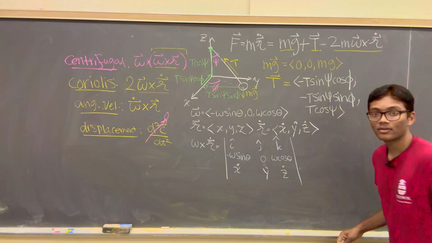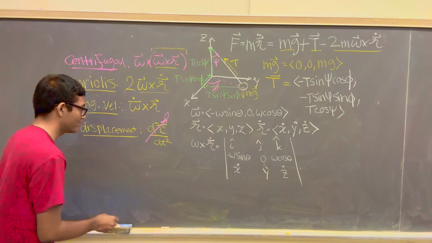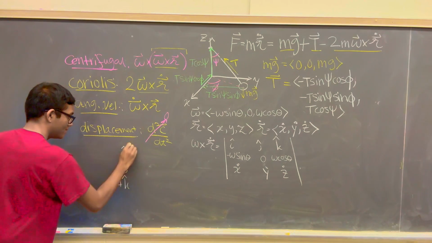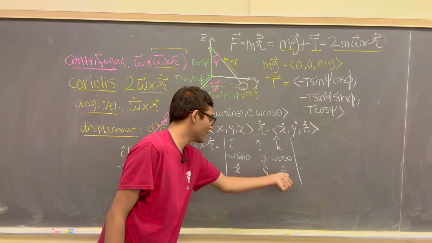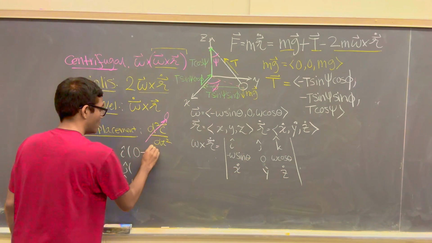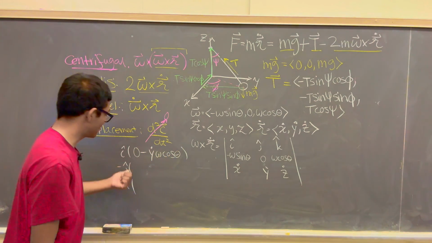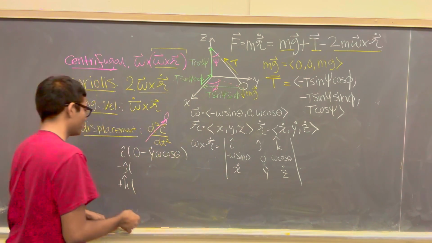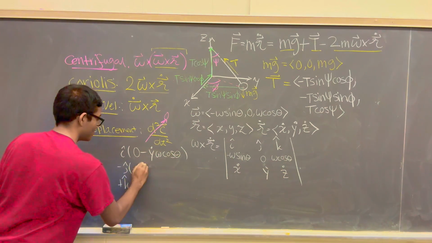So now, maybe I'll write it over here, since there's a lot of space. Let's write the results for the i hat, j hat, and k hat components of this cross product. So for i hat, I've got 0 minus y dot omega cosine theta. And my condolences to you if you can't follow at this point, because if you can't compute a cross product at this stage, then quite frankly, you shouldn't have made it this far.